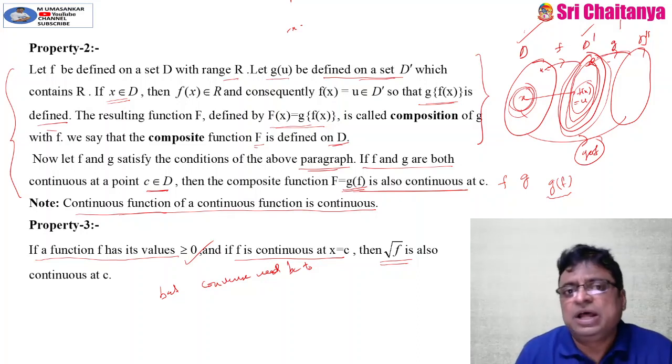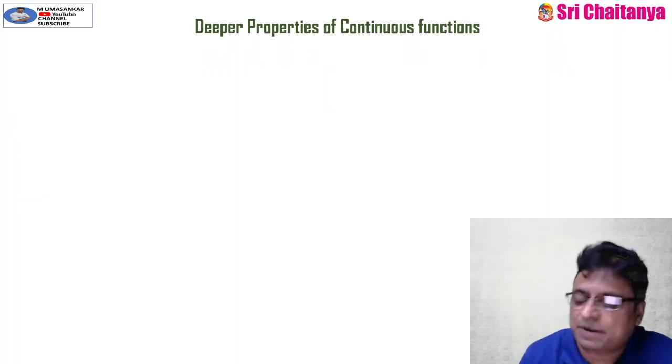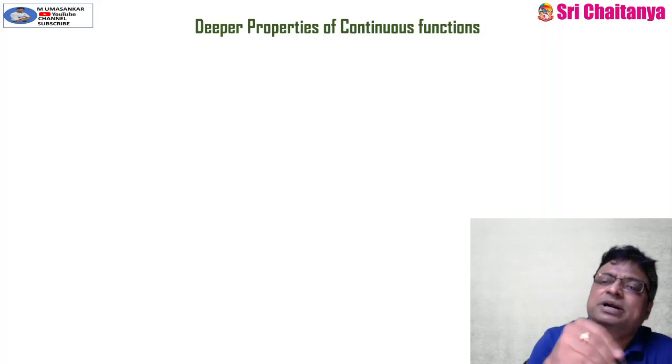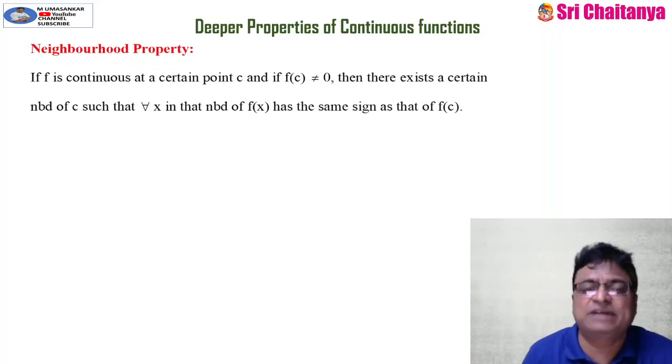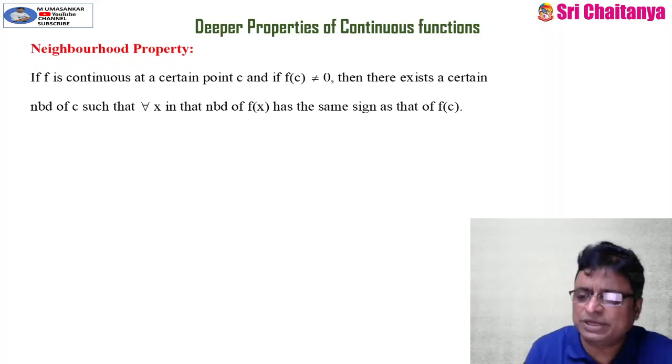Clear? Now, deeper properties. These are the elementary properties so far. Now we are concentrating on the most important properties, going deeper. Of that, the first one is the neighborhood property. It is also like the neighborhood theorem of limits.